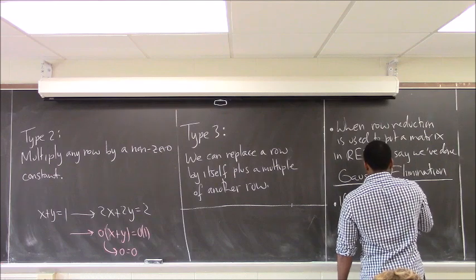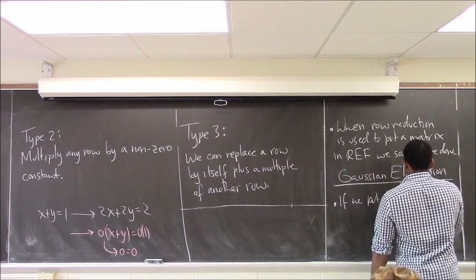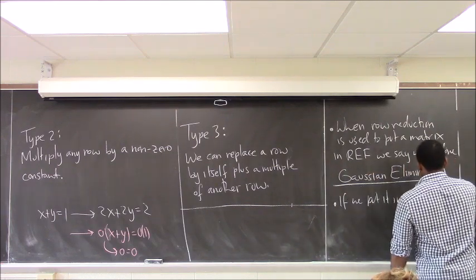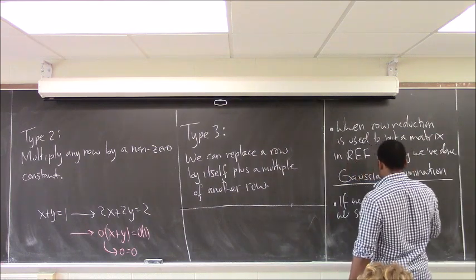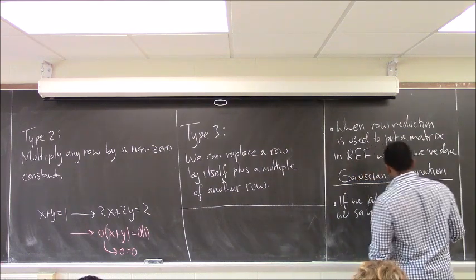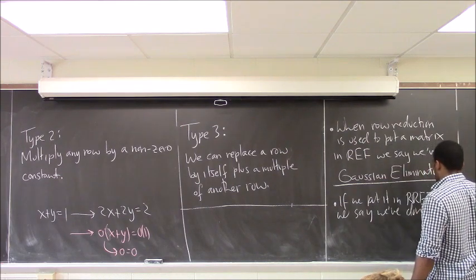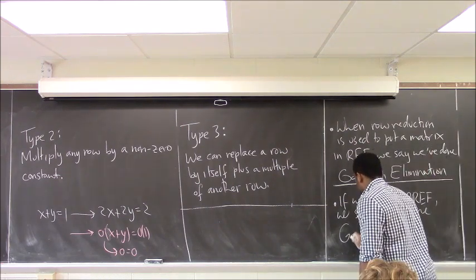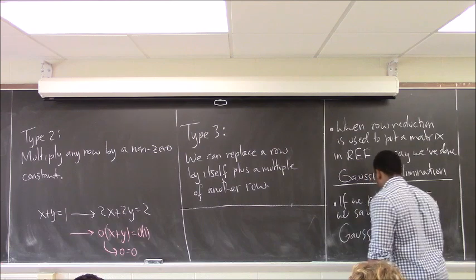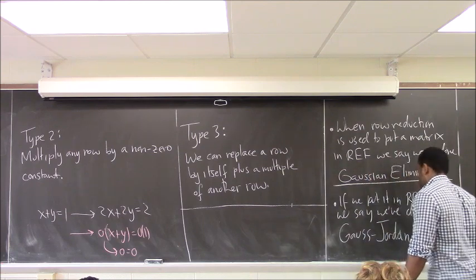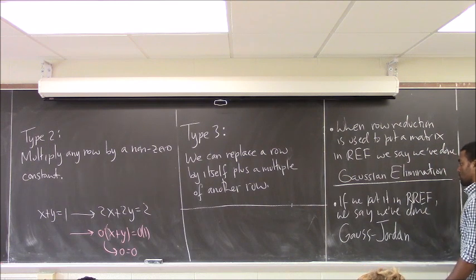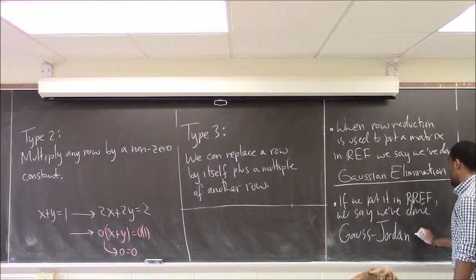If we put it in reduced row echelon form, we say we've done Gauss-Jordan. This is just the name of two mathematicians that did a lot in linear algebra, which includes the study of matrices and a lot of other stuff.